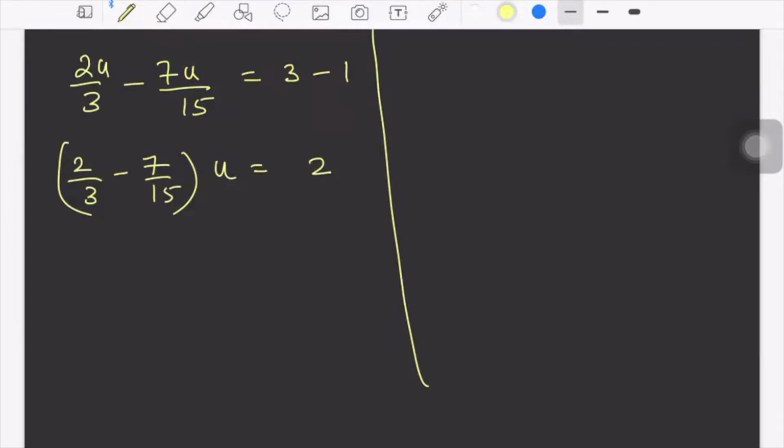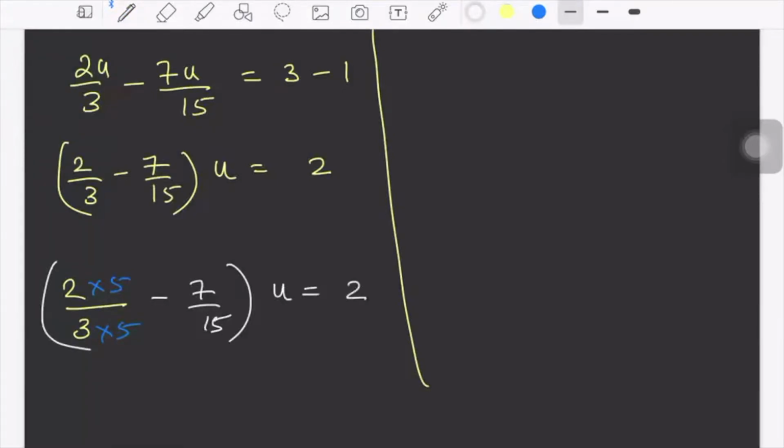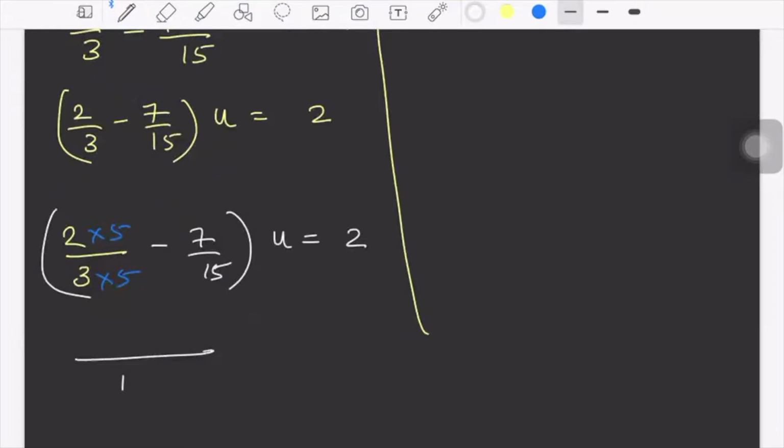Because 15 is 3 into 5. So in the numerator also, you multiply with 5. Make sense? Yes. So our common denominator is 15 now.